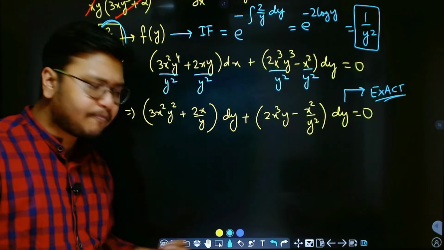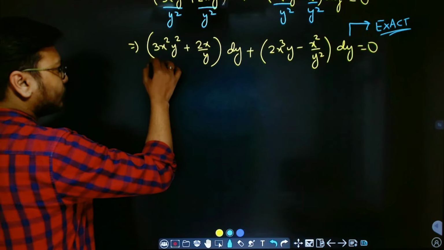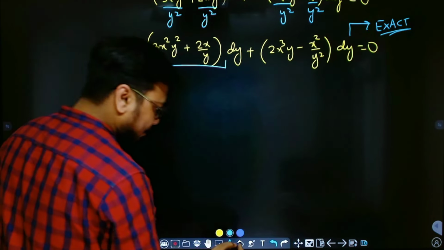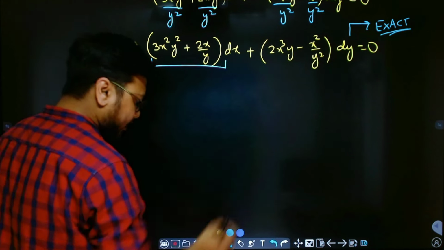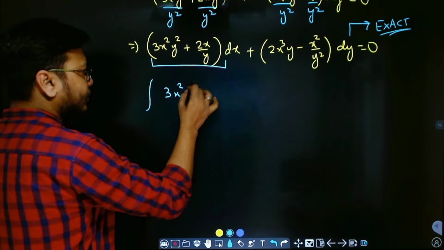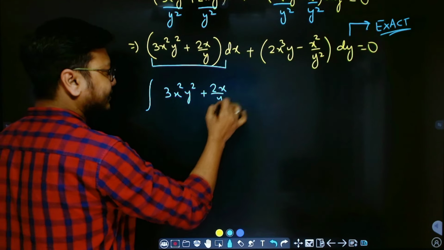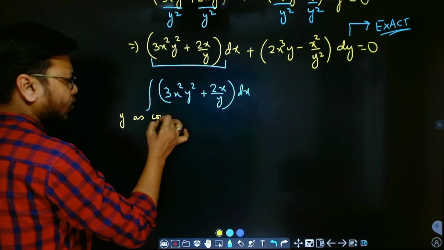Now again the same process for solving. So I'm going to integrate this particular term. Achha, I have written this wrong, pardon me. So this is dx, not dy, right? So I'm going to integrate this with respect to x, treating y as constant.